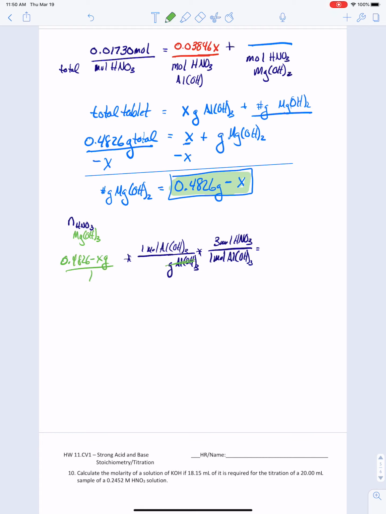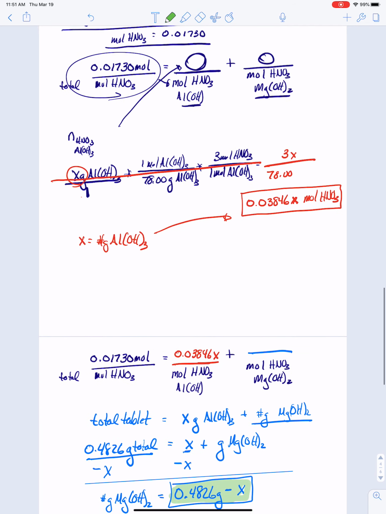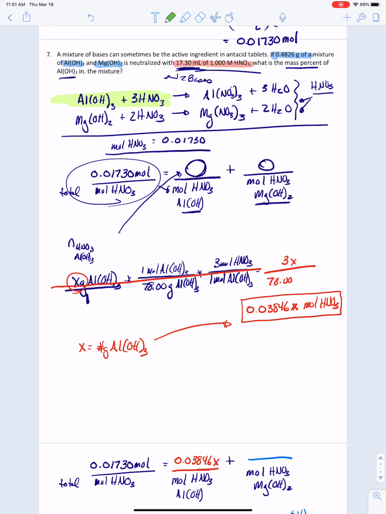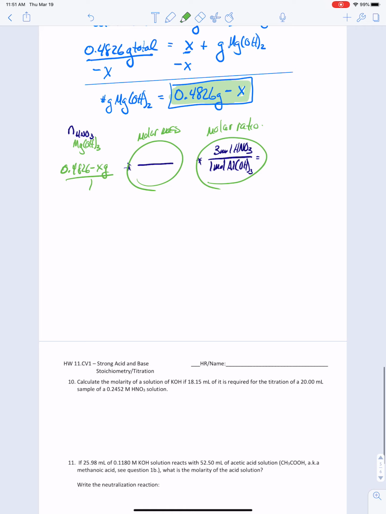Of course, we would have to change from grams of magnesium hydroxide to moles. We would use the molar mass here for magnesium hydroxide. We would use the molar ratio here for the second equation. Now we have a 2-to-1 ratio. And we could proceed the same way. We wouldn't be using this.